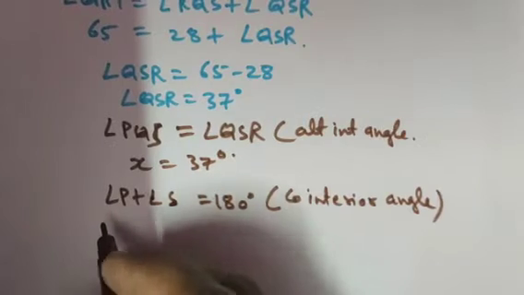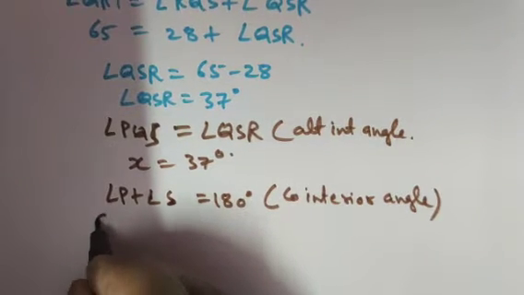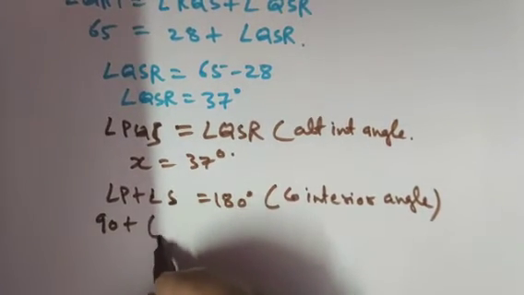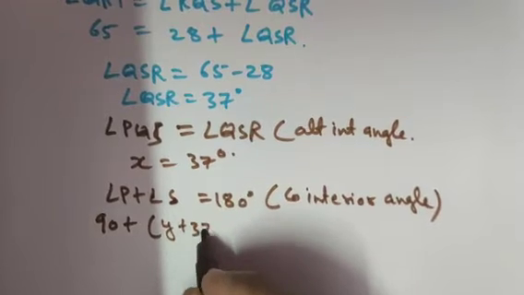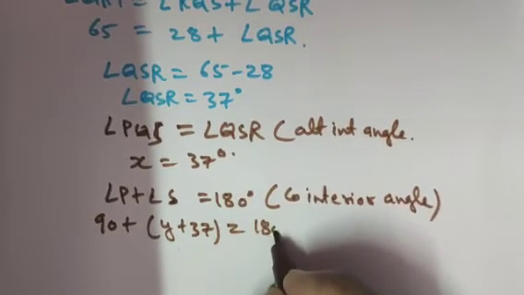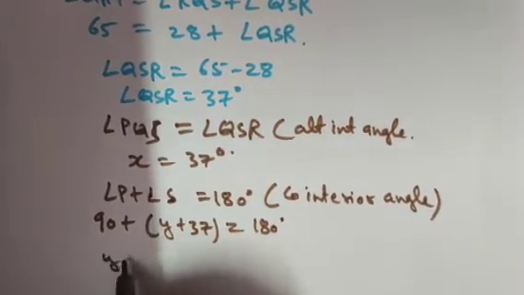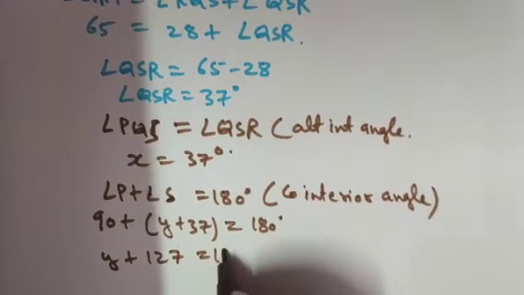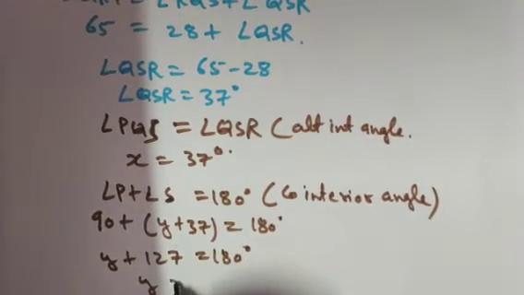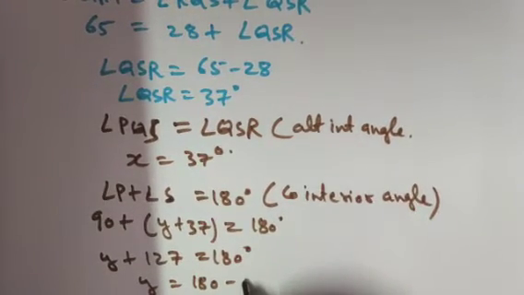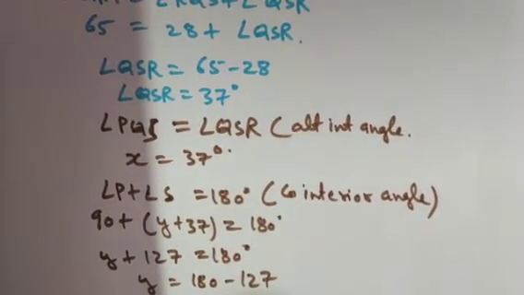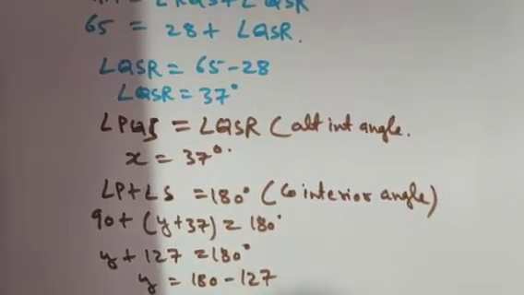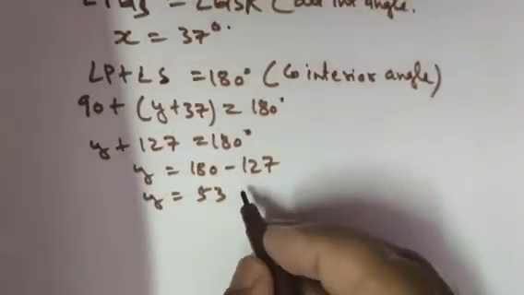So we can write it as 90 plus Y plus 37 equals 180 degrees. So Y plus 127 equals 180 degrees. So Y equals 180 minus 127. Y equals 53 degrees.